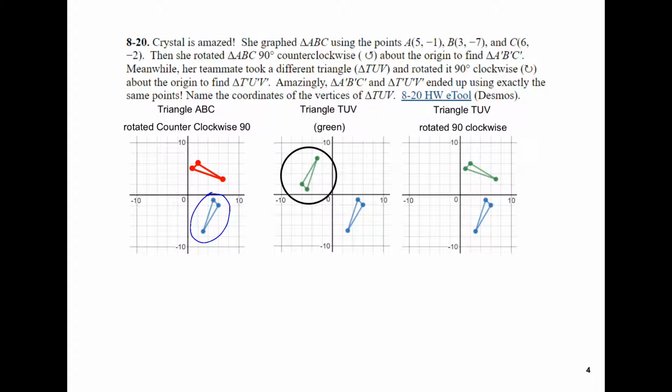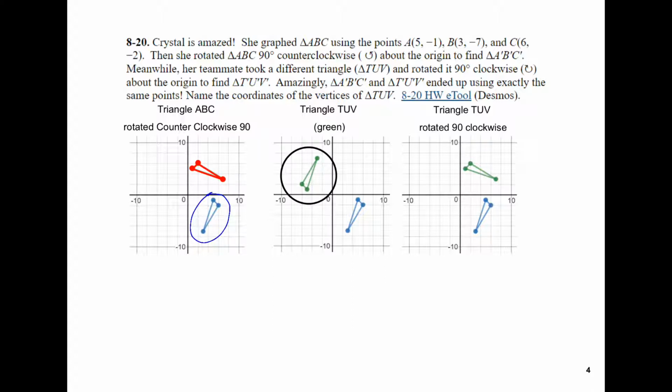Meanwhile, her teammate took a different triangle, TUV, and rotated it clockwise about the origin to find T prime, U prime, V prime. Amazingly, A'B'C' and T'U'V' ended up using exactly the same points. Name the vertices of triangle TUV.